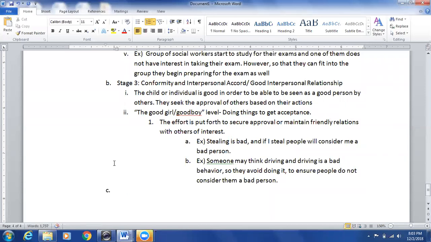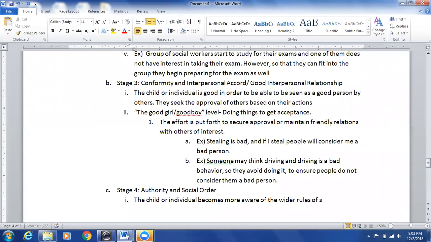So then the next stage within that is authority and social order. So what is this? This is where the child or individual becomes more aware of the wider rules of society.